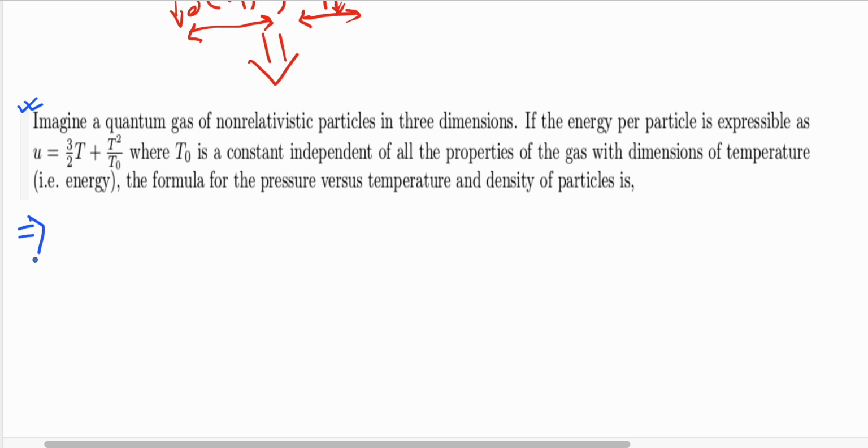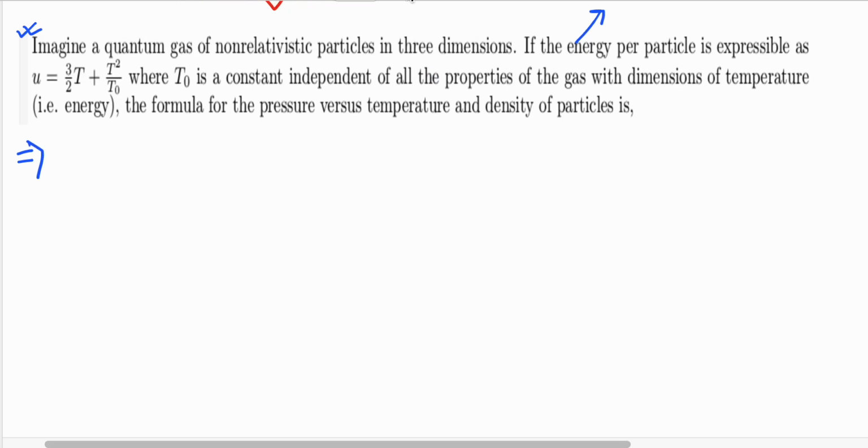let us know what relation the energy of the particle follows with the pressure of this gas. It's a very basic calculation. So I will write the expression.